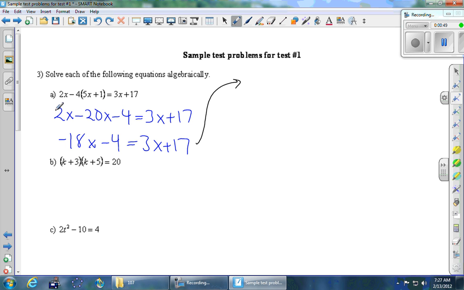And then I will move the x's to the right-hand side by adding 18x to both sides. And then we'll subtract the 17 from both sides, trying to get the x by itself. And then finally divide both sides by 21.